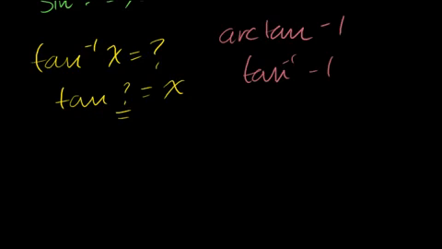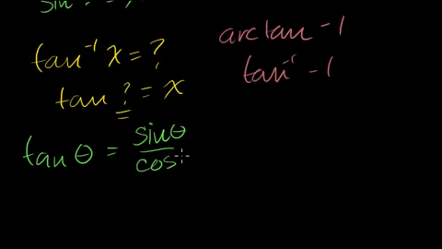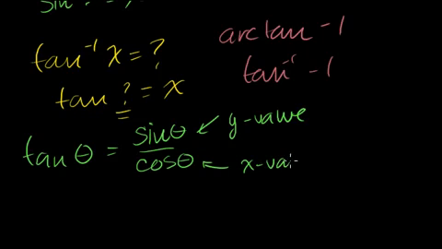And actually, let me just do a refresher of what tangent is even asking us. The tangent of theta, this is just a straight up vanilla non-inverse tangent function. That's equal to the sine of theta over the cosine of theta. And the sine of theta is the y value on the unit circle, and the cosine of theta is the x value.